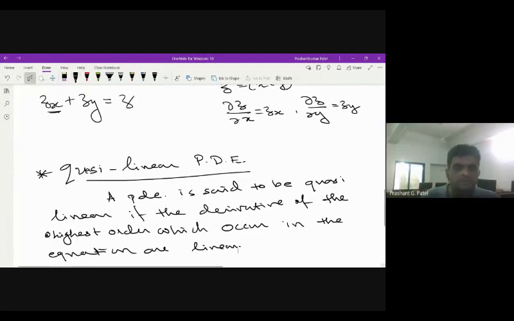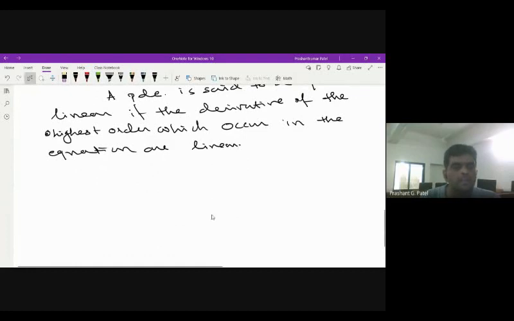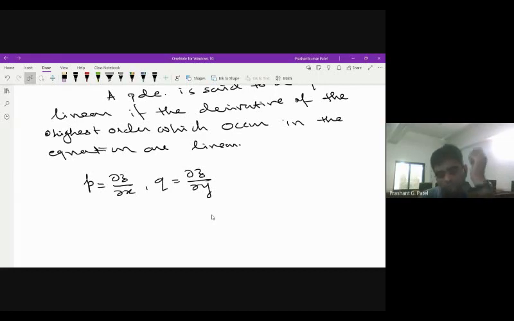That means we generally use this notation: p stands for del z by del x, and q stands for del z by del y. This is the notation followed in the majority of books. If z is a function of x and y, then p and q are the first order partial derivatives which exist in the PDE. If they are linear in that PDE, then that equation is called a quasi-linear equation.